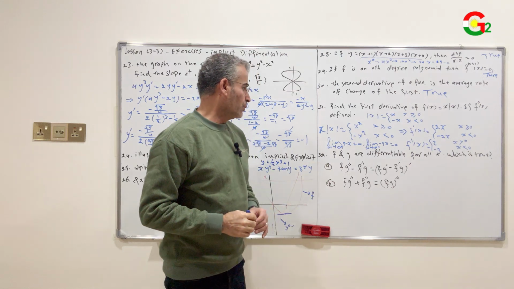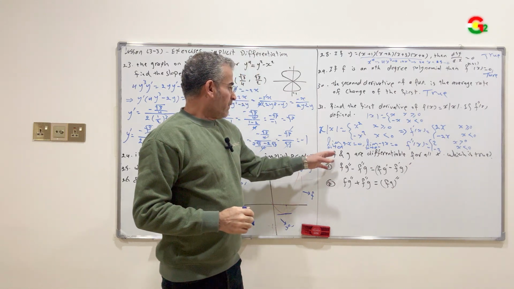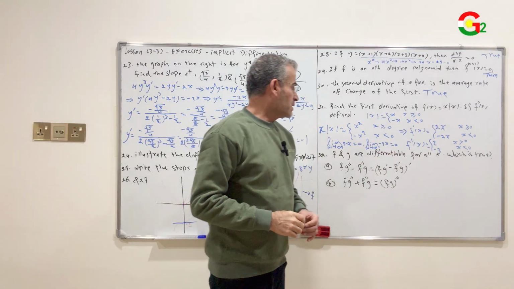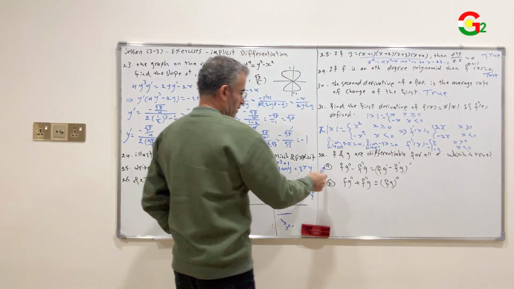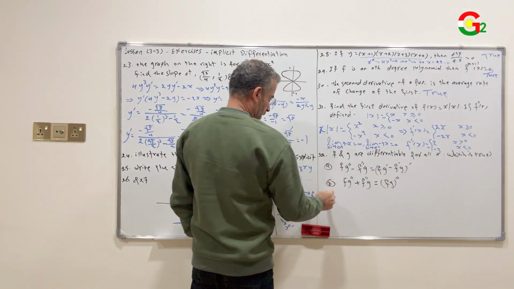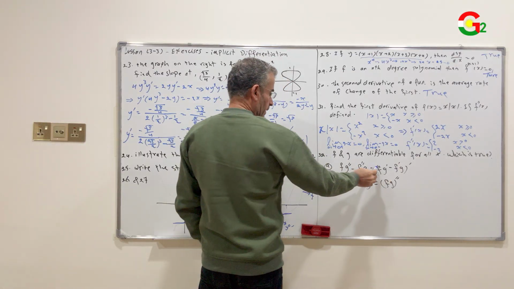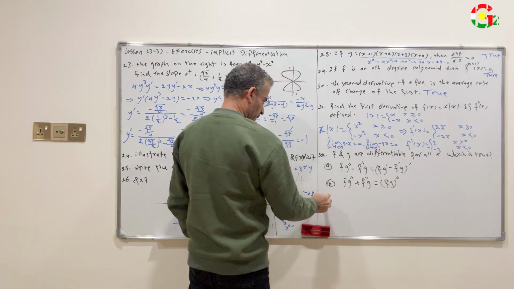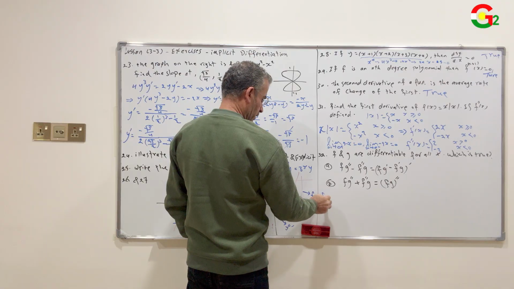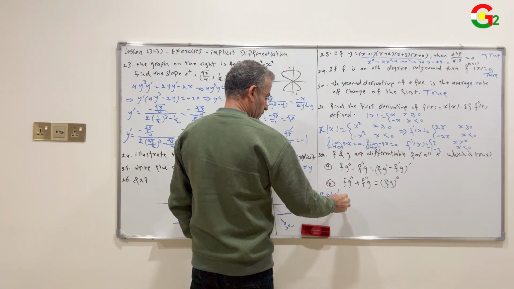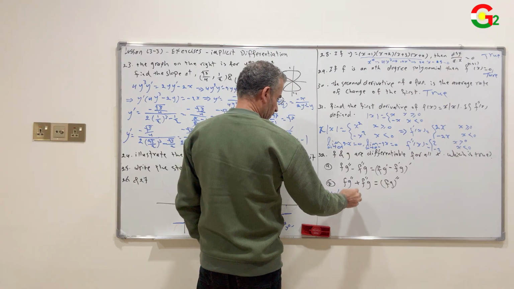Question number 32. f and g are two differentiable functions for all x. Which one of these statements is true? For the first statement, if we find the derivative of f g prime minus f prime g, then we can set it as the derivative of f g prime minus the derivative of f prime g.